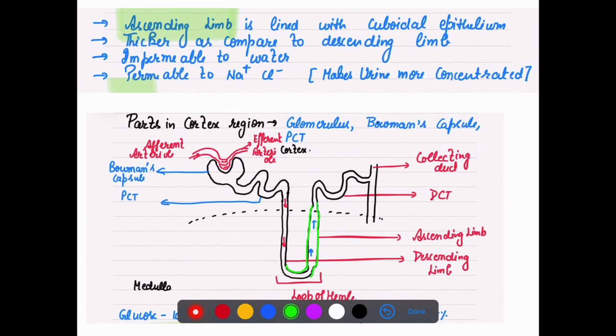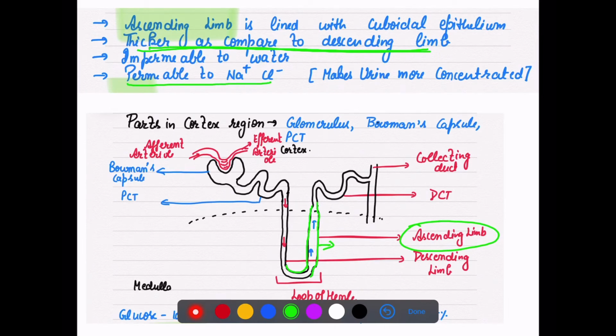This ascending limb is a little wider and thicker compared to the descending limb. It is opposite to the descending limb. It is impermeable to water and permeable to sodium and chloride ions.